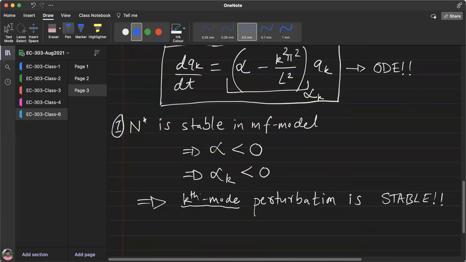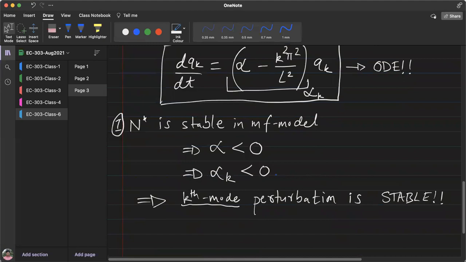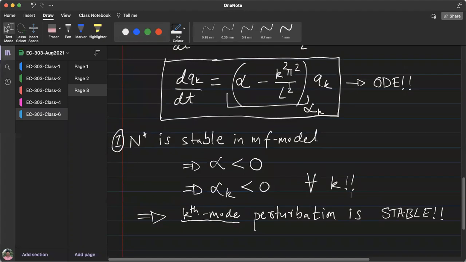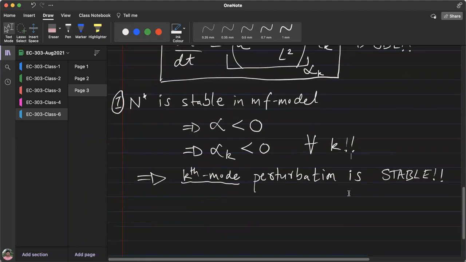And is this dependent on any value of k? Do you agree with this? Does this depend on k? Because the subtraction you are doing is a k square term anyway, all terms are negative. So this will be true for all k's, right? So the kth mode perturbation is stable for all k.